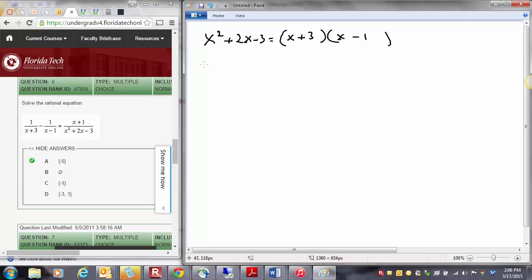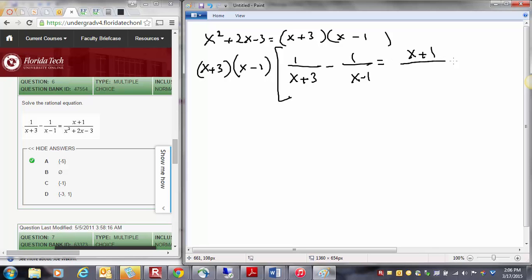And let's go ahead and multiply everything by each term to simplify the fraction. So we're going to multiply x plus 3, x minus 1, by every term: 1 over x plus 3 minus 1 over x minus 1 equals x plus 1 over x squared plus 2x minus 3.